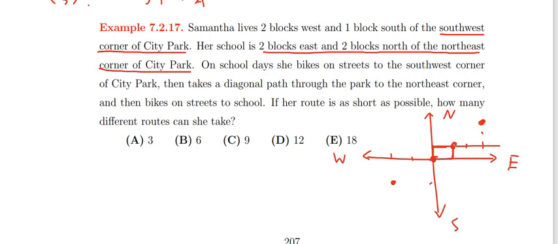So she should go to this point, so one day she bikes on the street to the southwest corner of the city park. At first she goes to this point, the southwest corner, then takes a diagonal path to here, then from this to this.